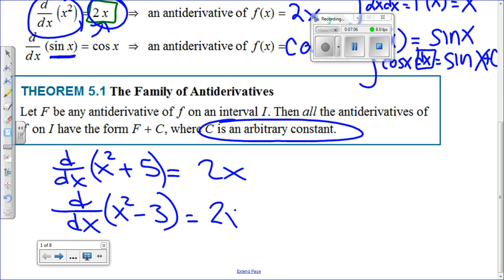2x, right? Or if I change this to a 13, it doesn't matter, right? It's still 2x. So because of that, once we go in reverse, there could be a constant there. We don't even know, it could be a 0, the constant, but it could still be a constant.